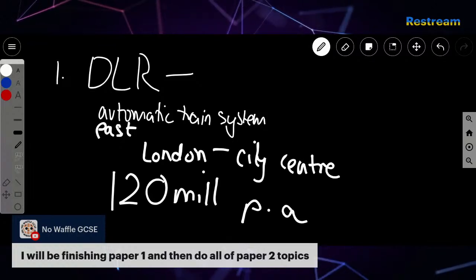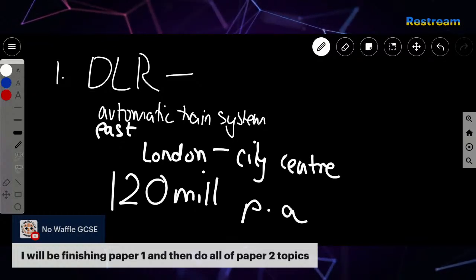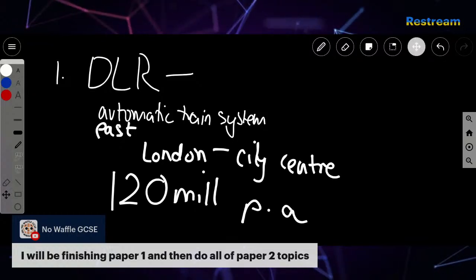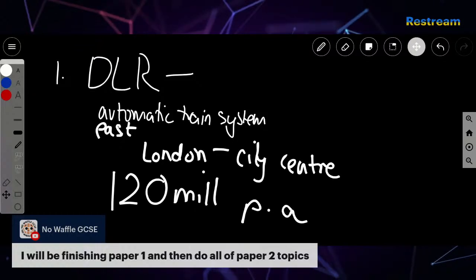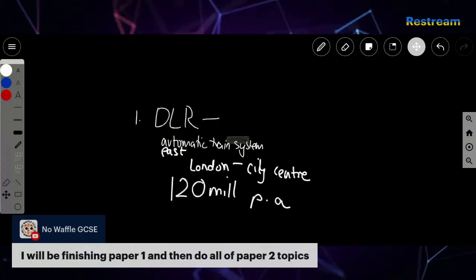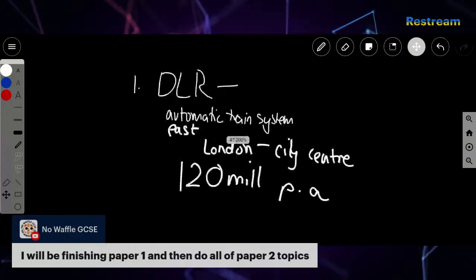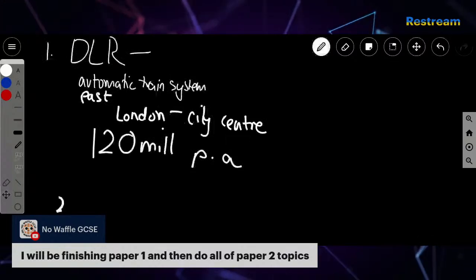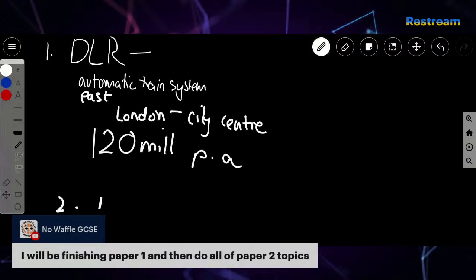Now, on top of the DLR, we have other train systems such as the London Underground. And the London Underground takes 3 million people off of the roads each year. Let me write that down.